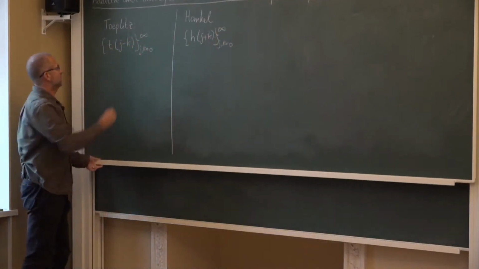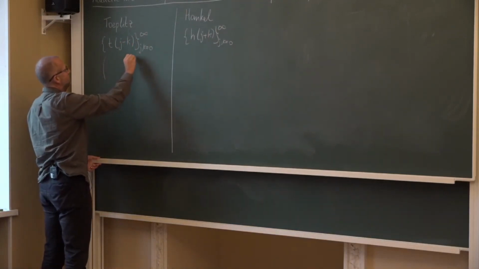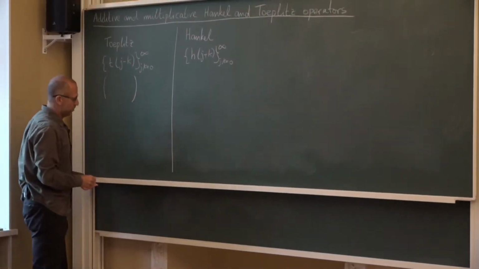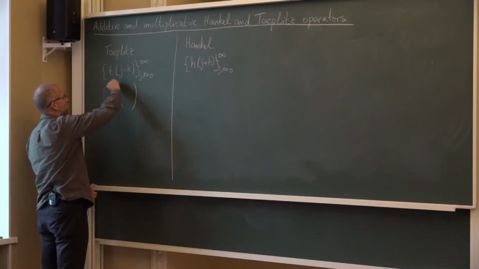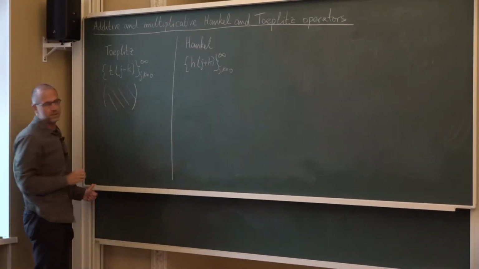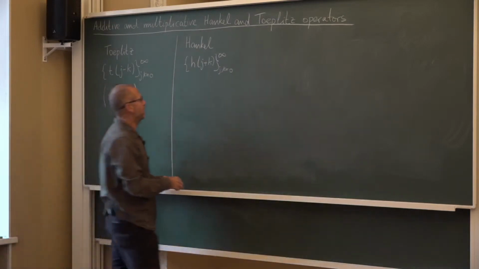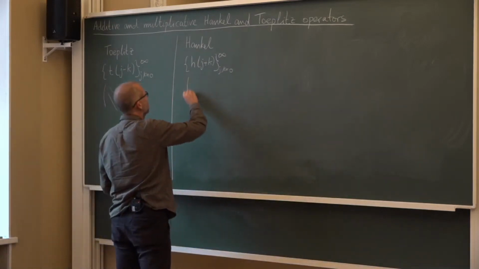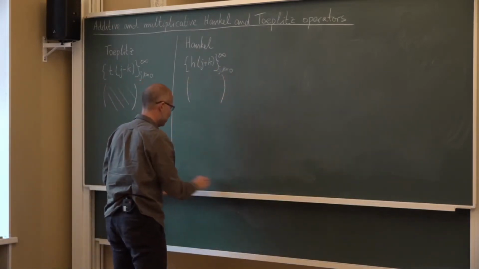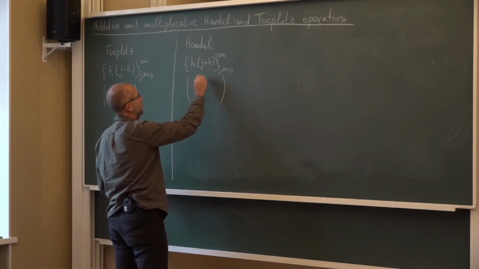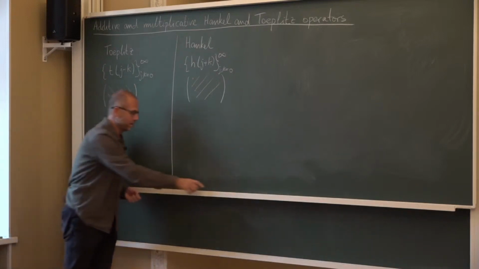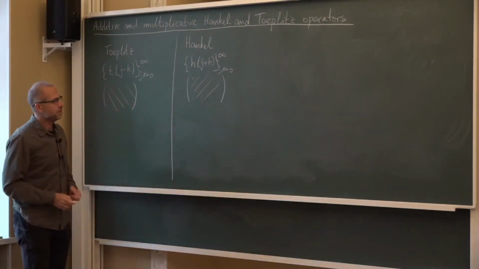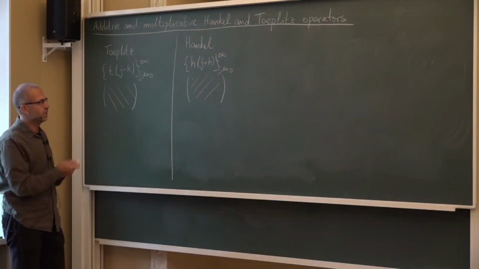Roughly speaking, for a Toeplitz matrix, we have constant elements lying on such lines, and for Hankel matrices, we have constant elements lying on these lines.